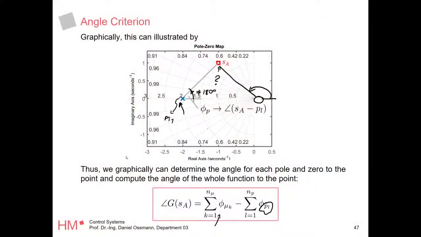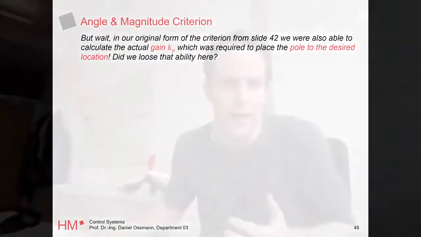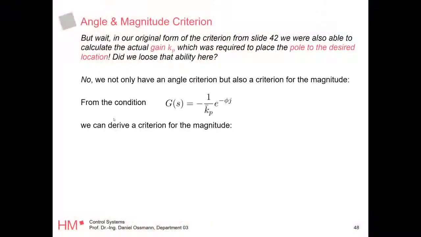Okay, so you could now say, wait, we also did the computation of a gain, right? So I still need a gain. What happens if the answer is yes? What's the gain then? So I still need a gain for my controller. Well, yes, you can compute the gain.